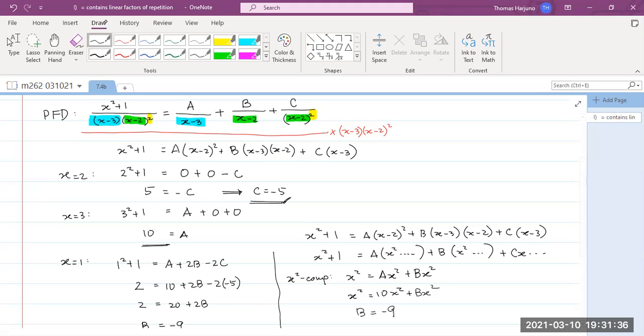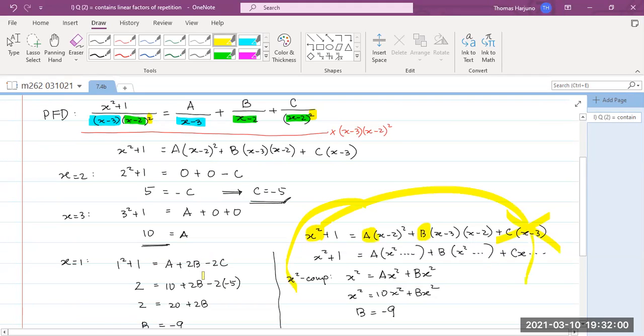Sometimes you don't even need to write a lot of things down. You just stare at this and say, okay, the x squared term: this is 1, this is a x squared, b x squared, and no x squared term here. So I don't really need to look at the x squared component, the x component and the constant component to get all of them. I mix it with the grouping method and the special value method. It doesn't have to be all Republican or all Democrat.